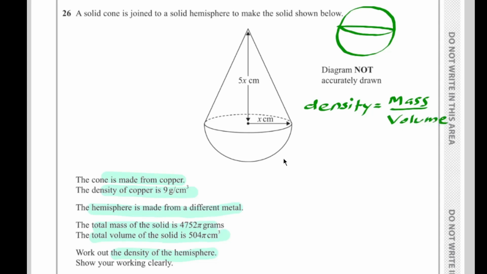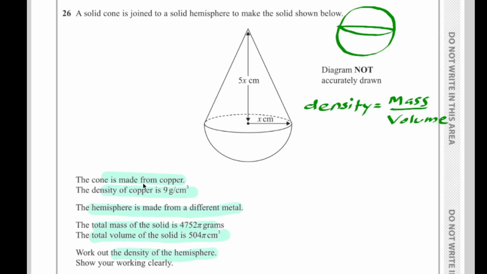Then if I want to get the density of hemisphere, I need to have the mass of the hemisphere. I need to get the volume of the hemisphere. For the volume, there is a formula for the sphere. Then I can divide it by 2 and get it for the hemisphere. But the mass, there is no such formula. Therefore, we have to figure out what the mass of the hemisphere is. Let's see how to get it.